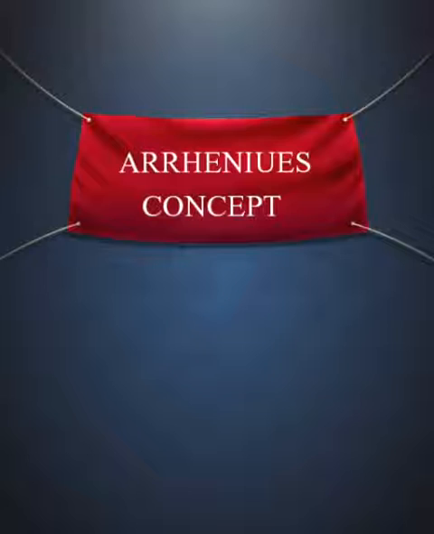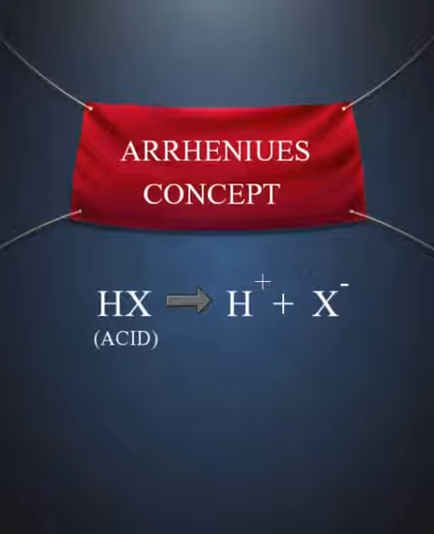According to this concept, any substance that dissociates in water to give hydrogen ions H plus are acids, and any substance that produces hydroxyl ions OH minus is a base. Thus, HX is an acid because it liberates H plus.